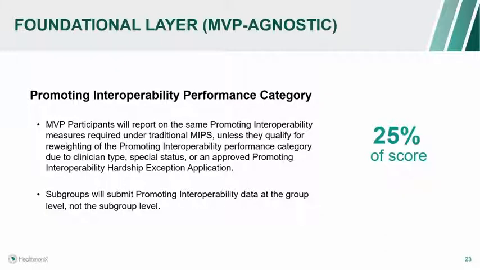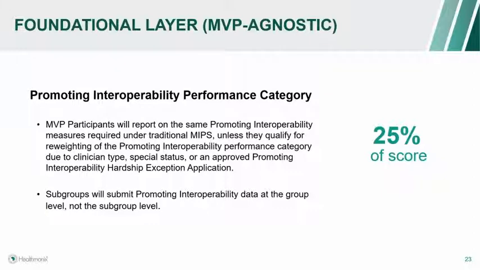The other part of the foundational layer is the promoting interoperability performance category, and the MVP reporting requirements are the same as traditional MIPS. MVP participants will report on the same promoting interoperability measures required under traditional MIPS, unless the participants qualify for reweighting of the PI performance category, and there are different ways in which you can qualify for that reweighting.